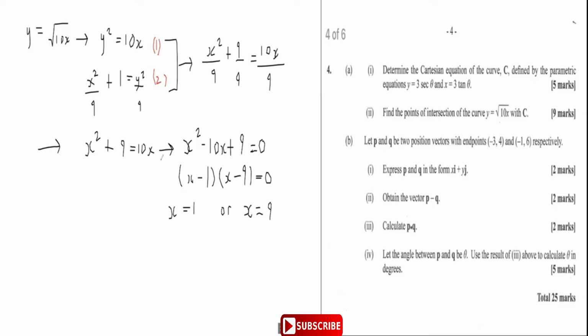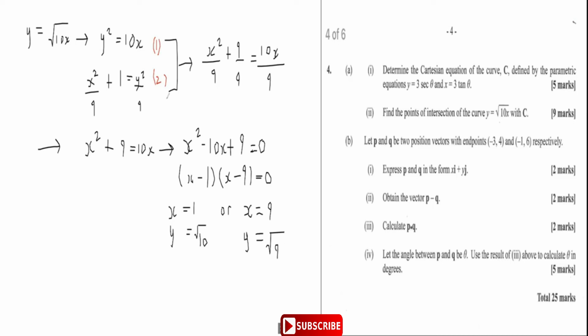Now if x is equal to 1, put 1 here, so 10 times 1 is 10, and so y is equal to the square root of 10. And if x is equal to 9, put 9 here, so 9 times 10 is 90, so y is equal to the square root of 90. I don't really want to simplify it. So those are the 2 points of intersection.